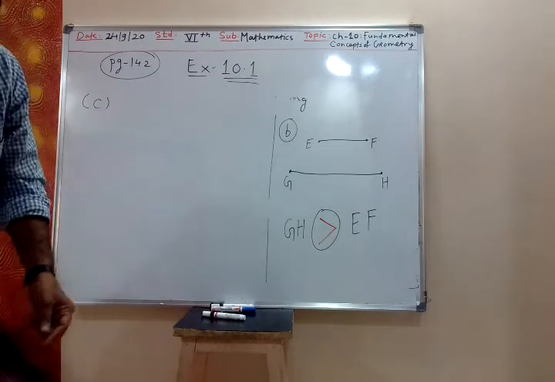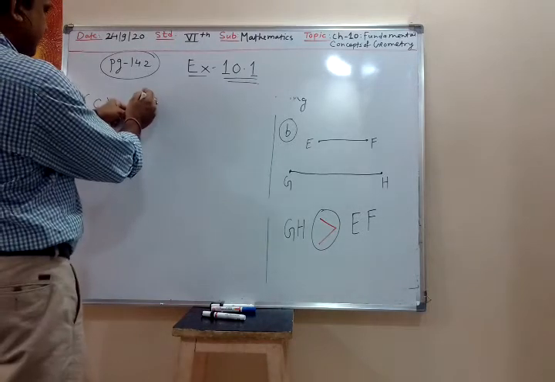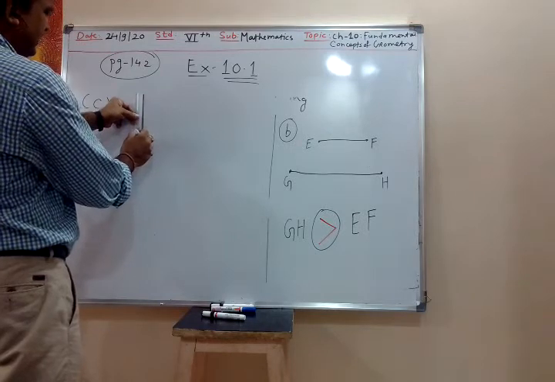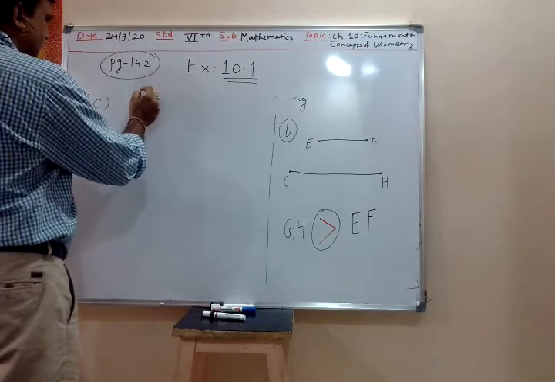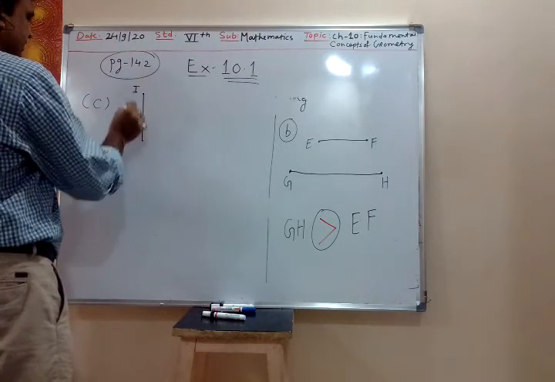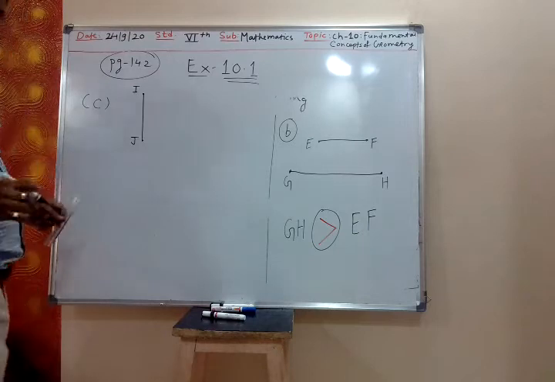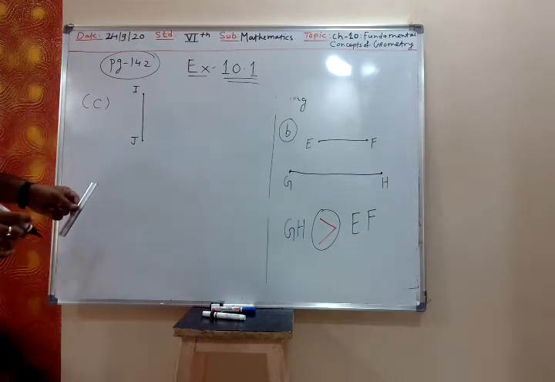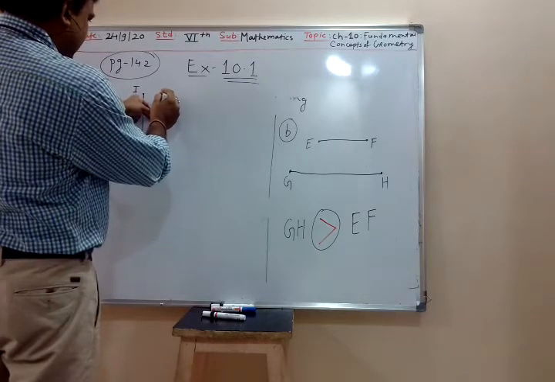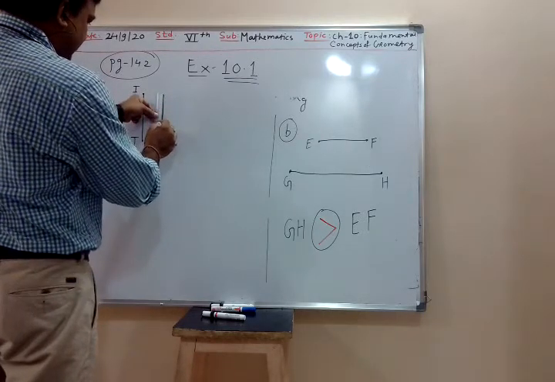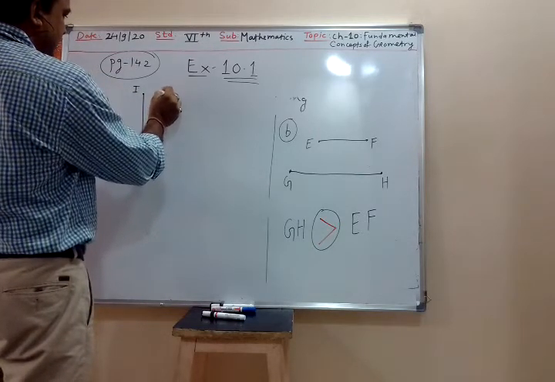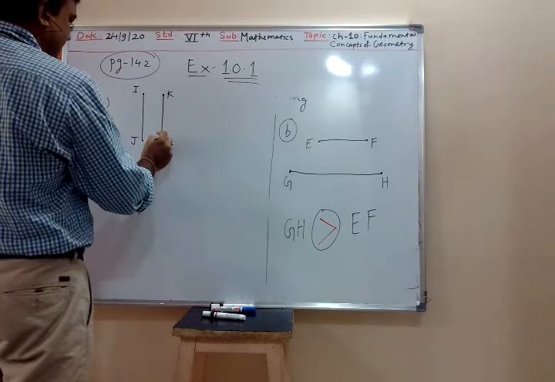With the help of a scale you draw one line segment. No, with hand only. This is IJ, a vertical line, IJ and KL.